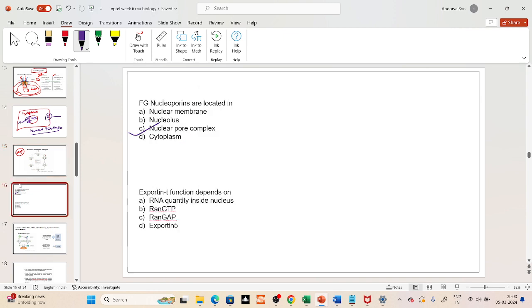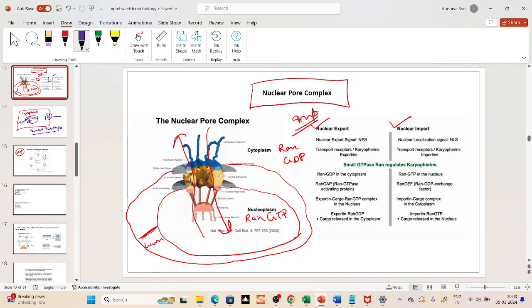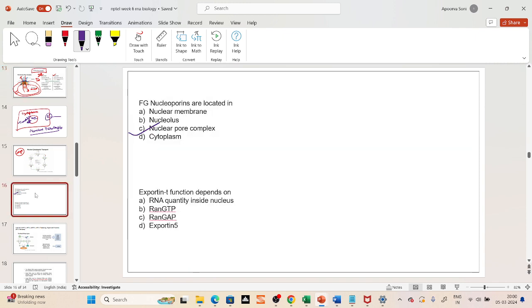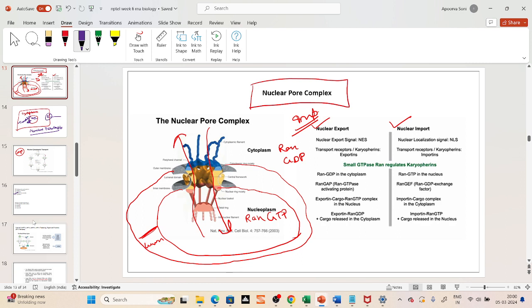Next question is, I don't know whether this portion has been completed up till now or not. Just a minute. Exportin. Okay. Before solving this question, I would like all of you to go through this slide. So the exporting cargo Ran GTP complex is required for export.